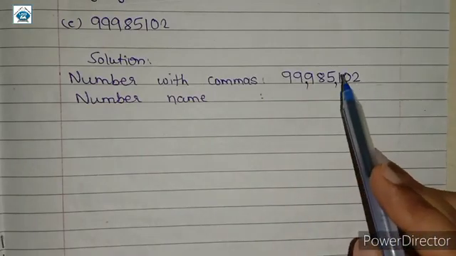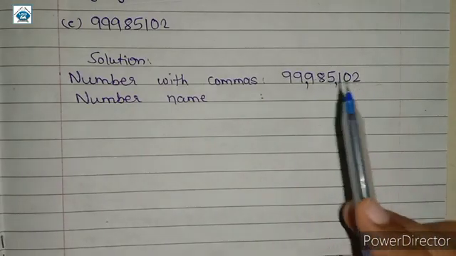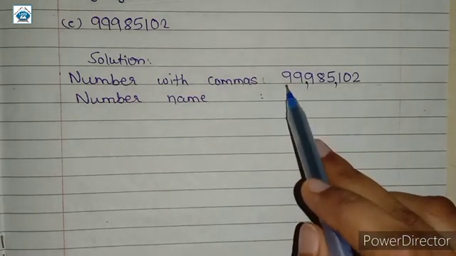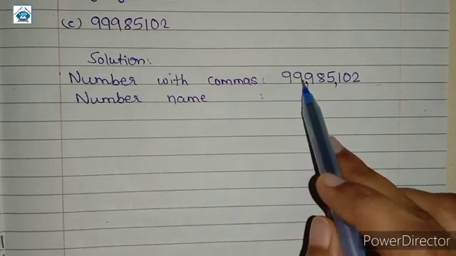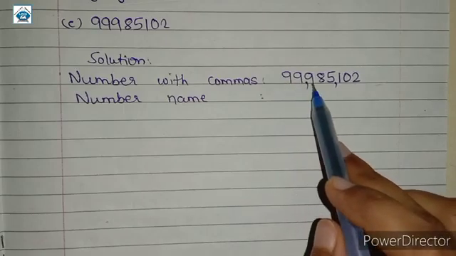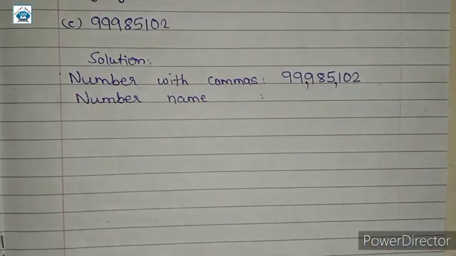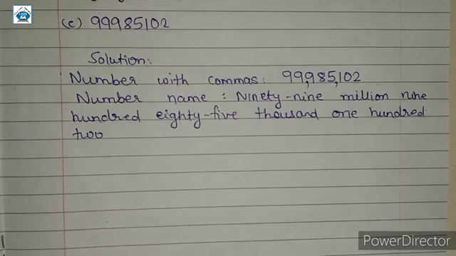Ones, tens, 100, 1000, 10,000, 100,000, million and 10 million again. So here the place value of this 9 is 10 million. So together we read this 99,985,102. So this is the number name of this number according to the International System of Numeration. So in this way you need to write the solution in your notebook.